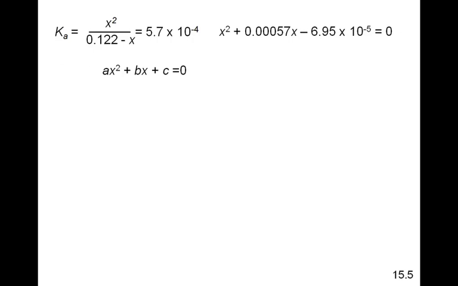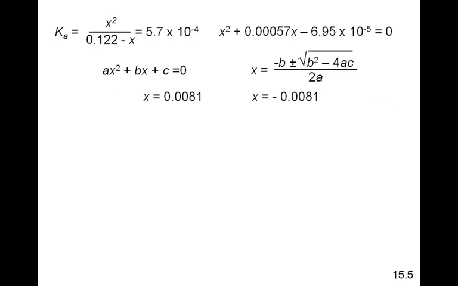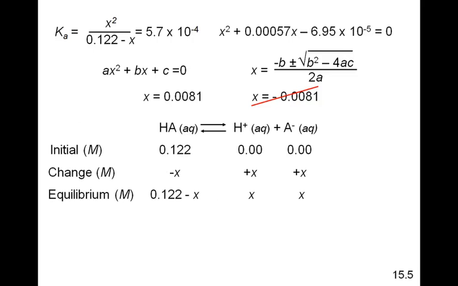So when we use the quadratic equation, or the quadratic formula, we come up with two values of X. Now obviously the value of X on the left is the correct one, the value of X on the right is not the correct one, because it's negative, and if we actually subtracted the negative 0.0081 from the 0.122, it would actually get larger, and that would tell us that the HA concentration actually gets larger, which doesn't make any sense. So it can't be that one, it's got to be this one.